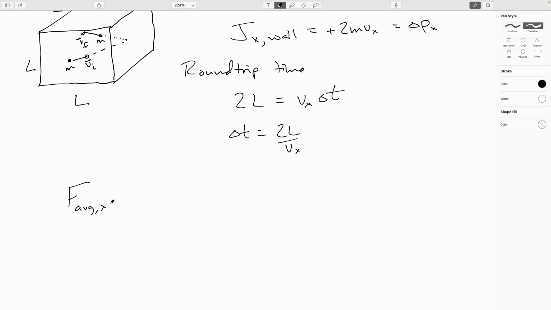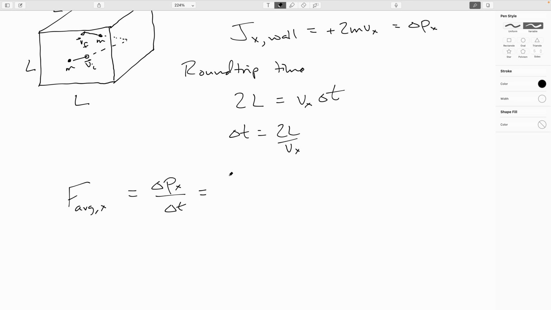Again, it's just in the x direction, so we're just taking an x component. So this would be the change in its x component momentum over the time. Now, again, this is if there was nothing holding this wall in place. Obviously, there are forces holding the wall in place, but that doesn't change what the force is. So we can put in what our change in momentum was.